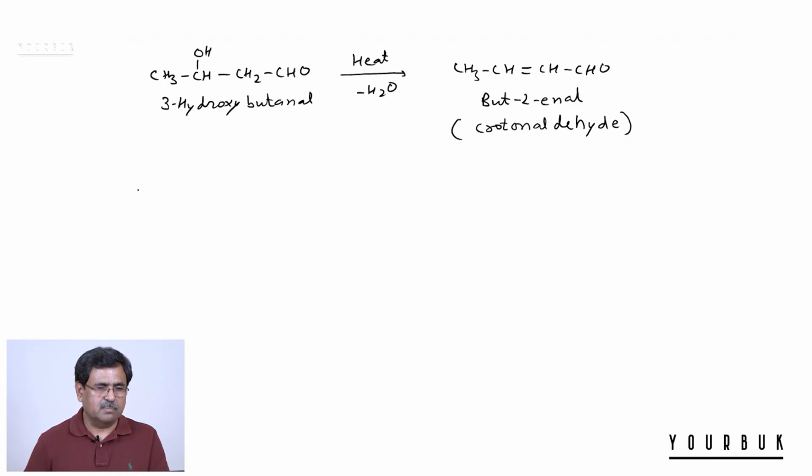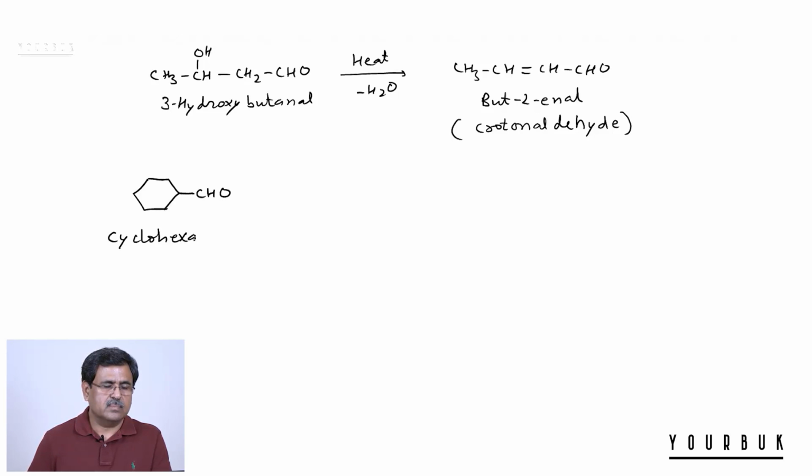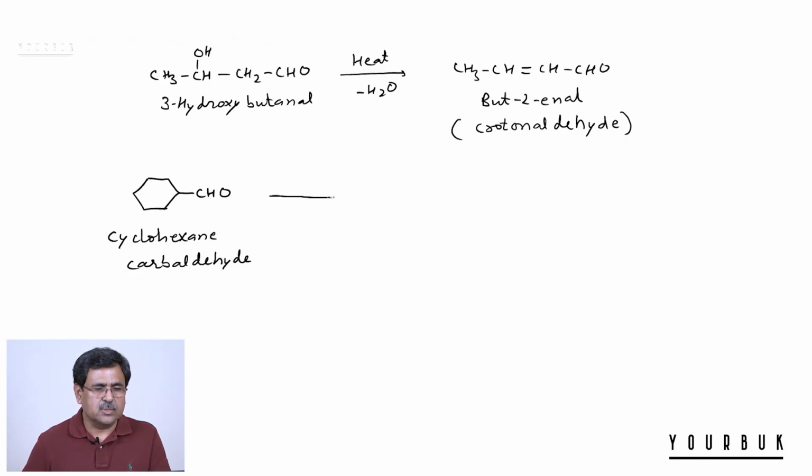Now we take another example. Suppose you are given this. This is called cyclohexane carbaldehyde. And this cyclohexane carbaldehyde can also undergo self aldol condensation.